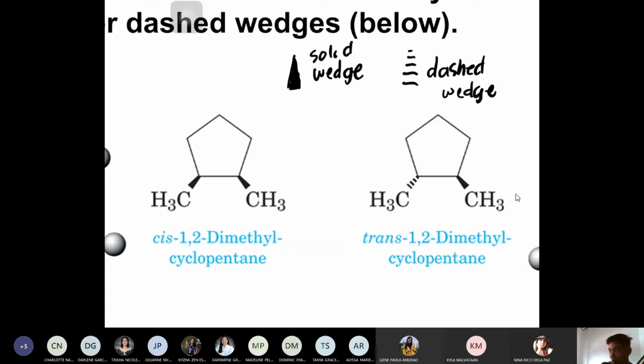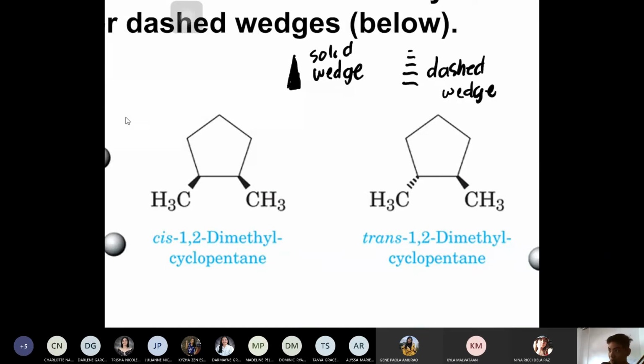So, for example, ito ay solid wedge, so this is pointing to you. Itong CH3 na to, this is dashed, so that means it is pointing away from you. Nasa likod siya ng paper. Ito, nasa harap ng papel. So that's one way to imagine that.